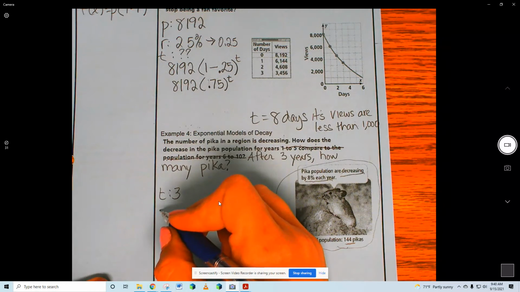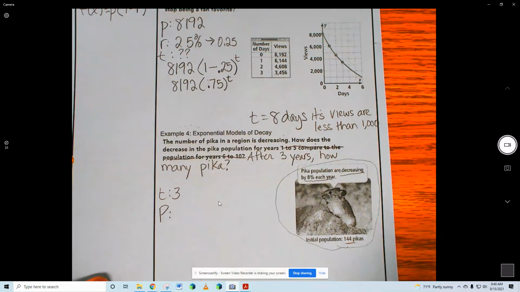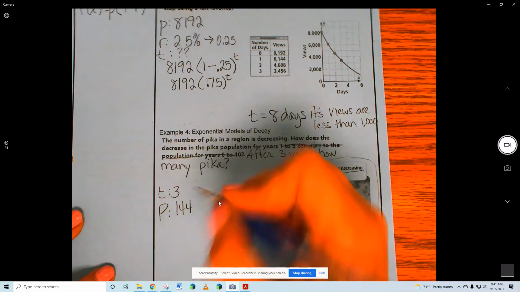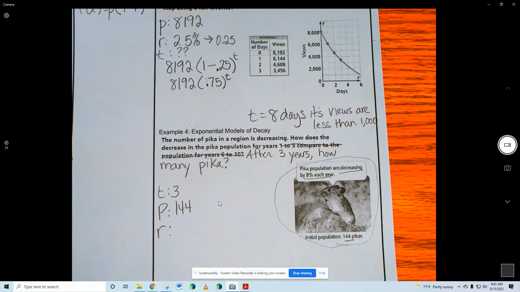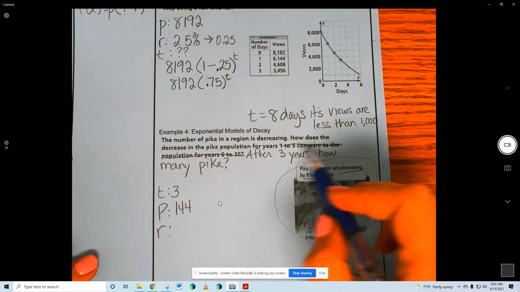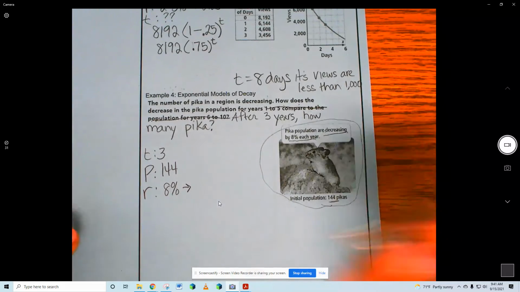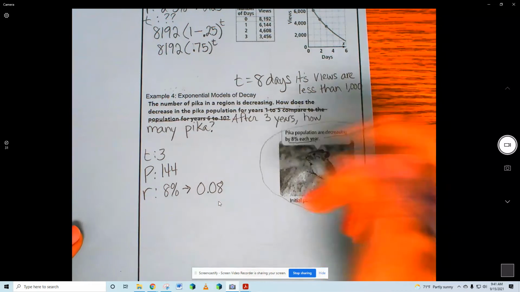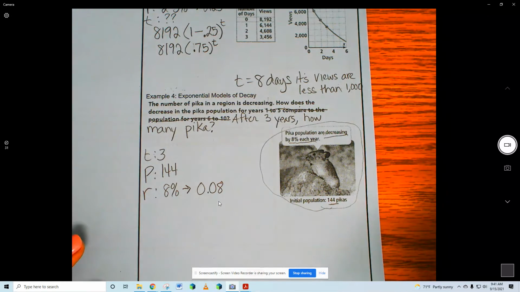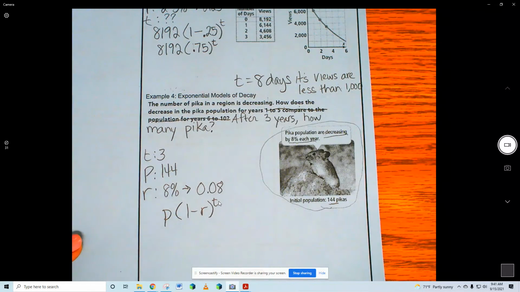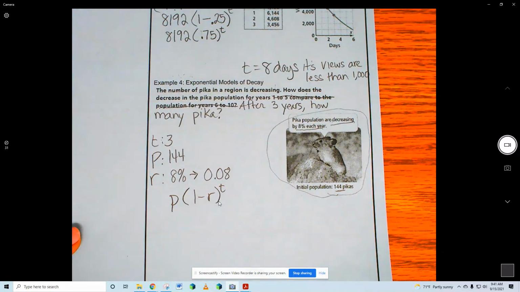My initial P is how many picas? 144. What's the rate that they decrease at? 8%. How do I write 8% as a decimal? 0.08. So now I plug this into my exponential decay formula. P times 1 minus r raised to the power of t. Put in P, put in R, put in T. Go ahead.